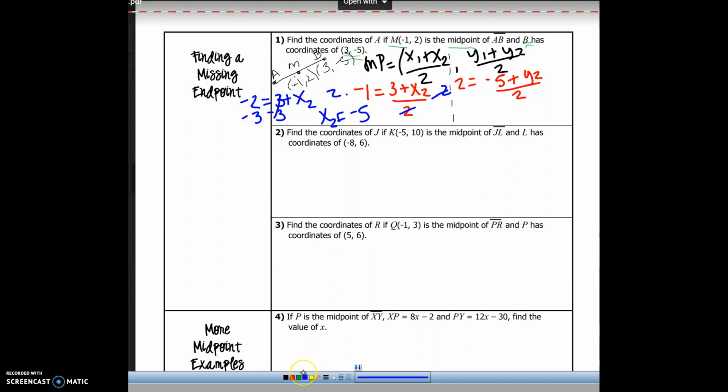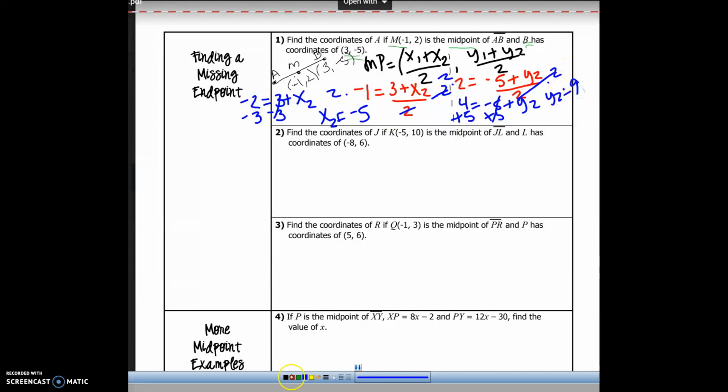Now to solve this, I'm going to get rid of the denominator, so I'm going to multiply both sides by 2. Those cancel, which is going to give me 4 equals -5 plus y sub 2. I'm going to add that 5 over. And y sub 2 is going to equal 9.